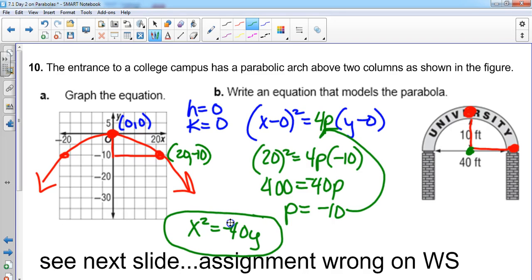Because I didn't know where the focal point was. I wasn't sure that the focus was at that spot right there. So therefore, I wasn't positive that P was 10. Okay? I probably could have assumed it, and obviously I would have got it right. But all right.